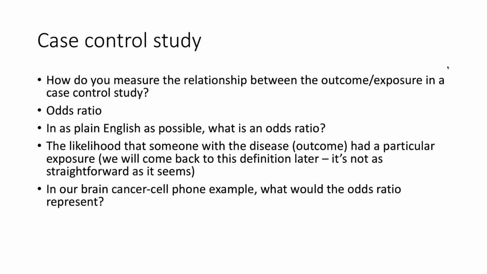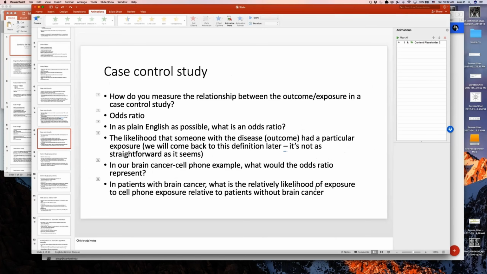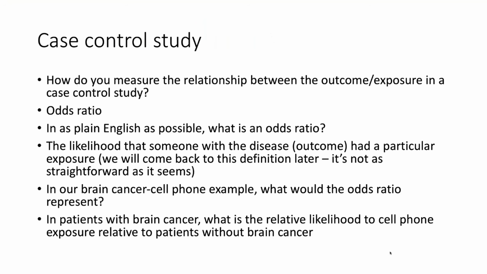Does that make sense to everyone? So in patients with brain cancer, what's the relative likelihood of exposure relative to patients who do not have brain cancer? Does that make sense?